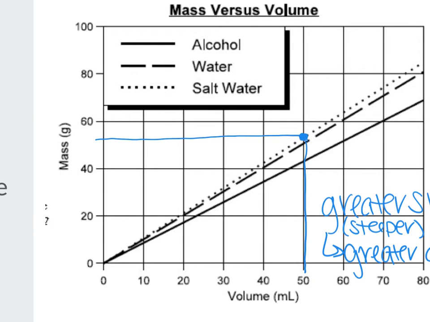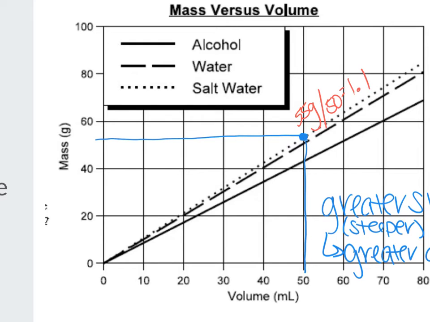Rise 55. All right. What would be the run? 50. Okay. Everybody got a calculator? I do. All right, 55 divided by 50 should be 1.05? 1.1. Let me see. 1.1.